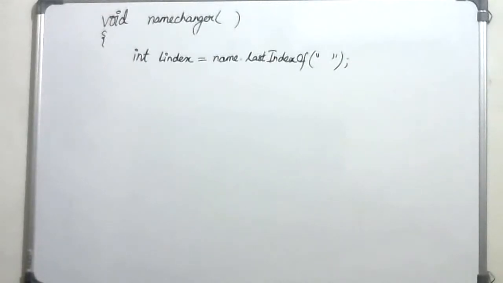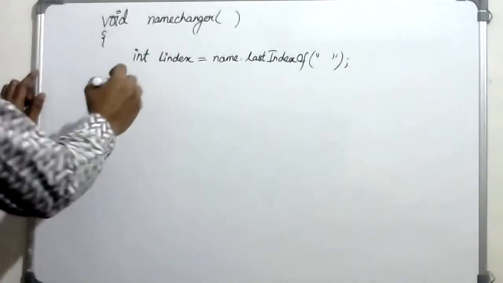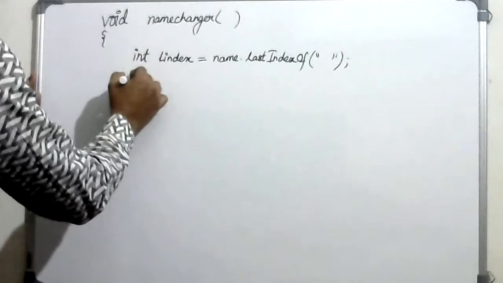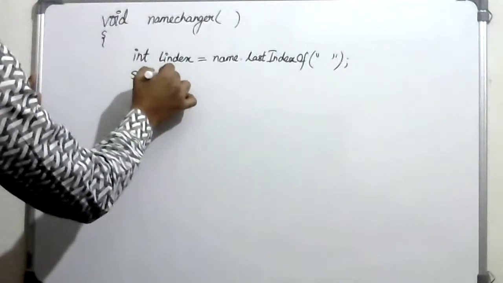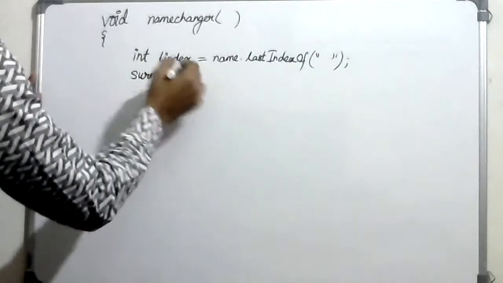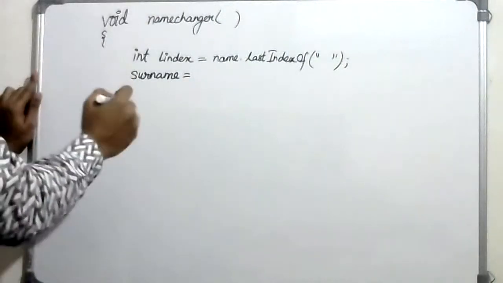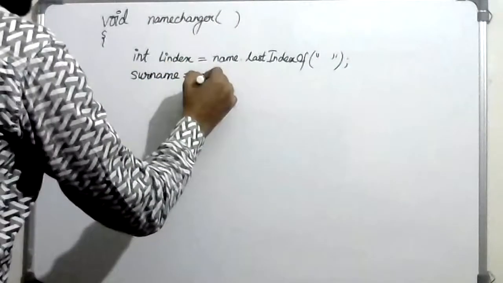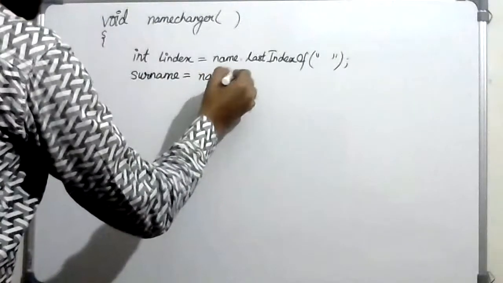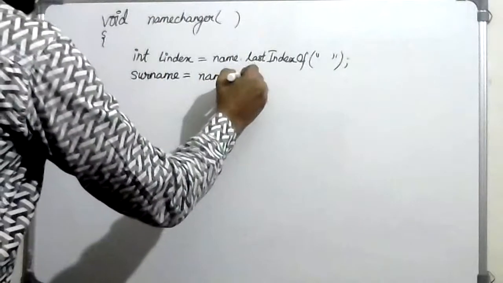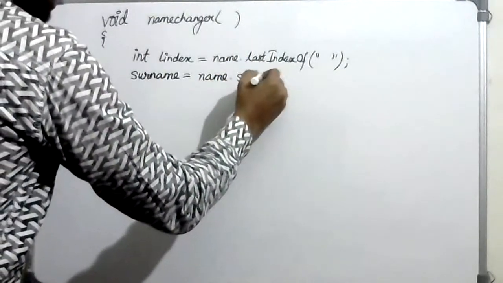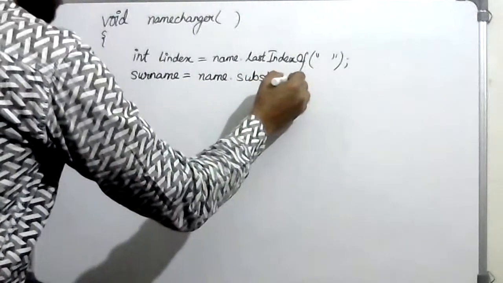So inside the variable L index, I'll have the last index of space within the name. Next, I have a variable called surname. I'll initialize it to the surname part of the name. So how will I do that? I'll call the substring function: name.substring.